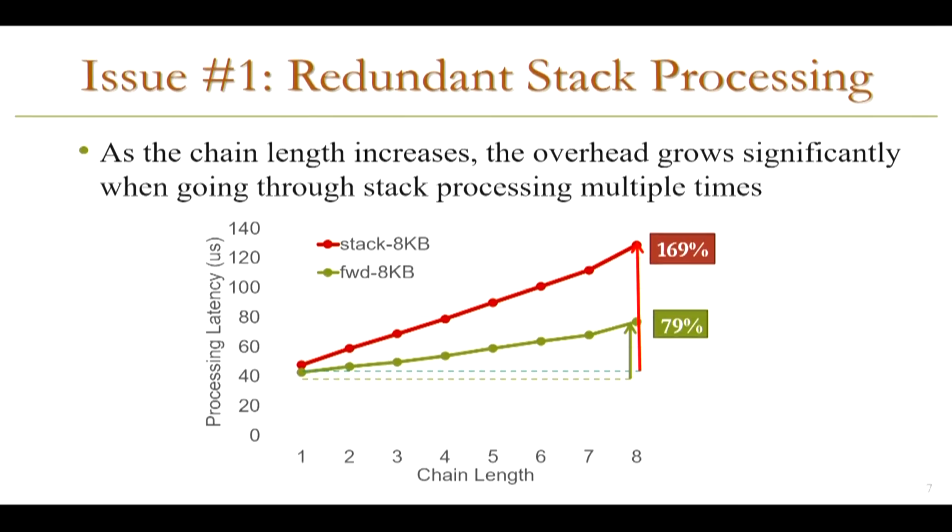And for the stack case, each NF performs byte stream reconstruction using MOS stack. From the figure, we can see, as the chain length increases, the latency for the NFs that perform the reconstruction increases significantly compared to the simple forward case. This is redundant since the byte stream can be created only once.